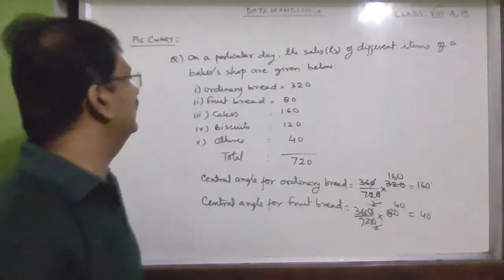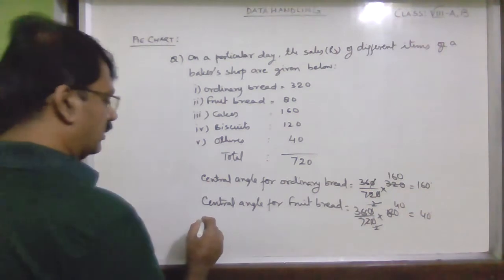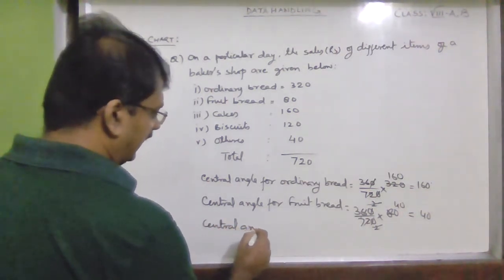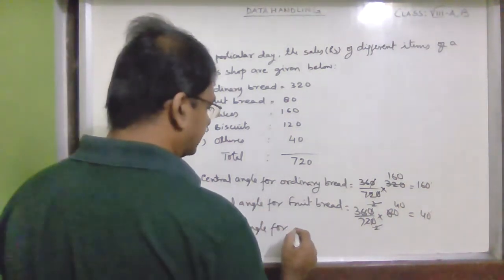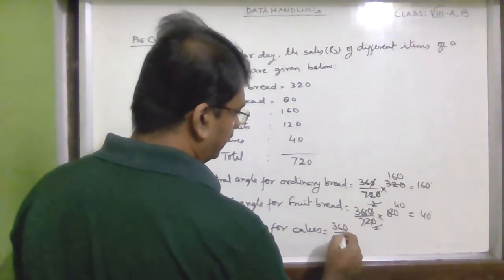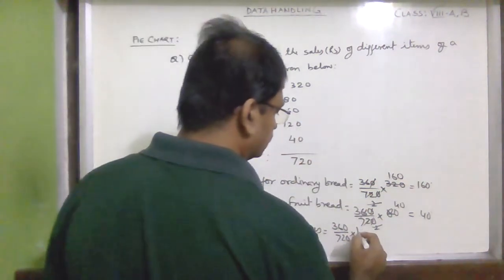The central angle for fruit bread is 40 degrees. Central angle for cakes: 360 upon 720 into 160.